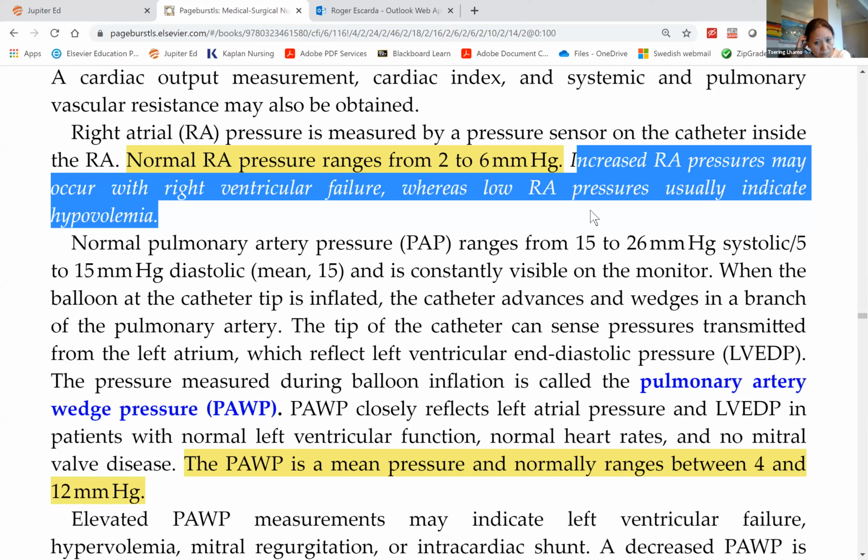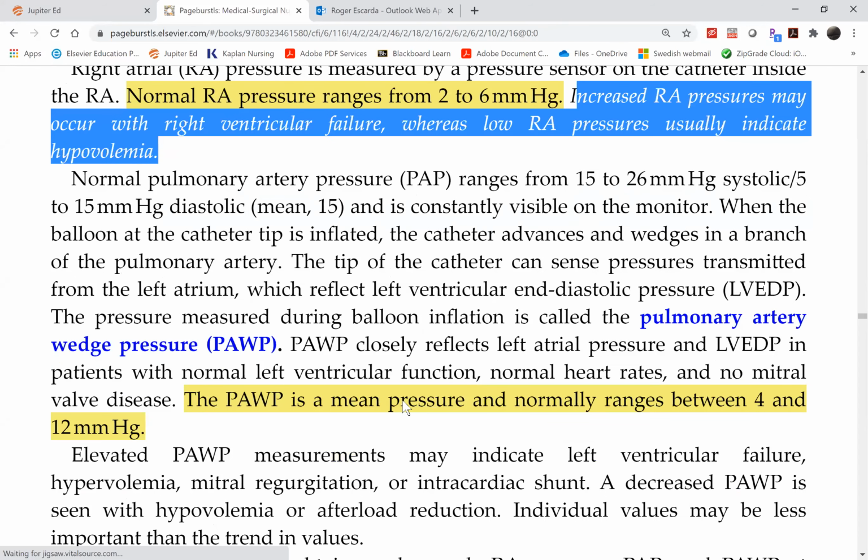If you gave me too much Lasix, what will happen to my blood volume? Decrease. Will that be reflected in the RAP? Yes. Okay, and then same thing for the left. If I have left side heart failure, what will you expect this number to be? Less than 12? No, less than 4, I think, right? It is a failure.